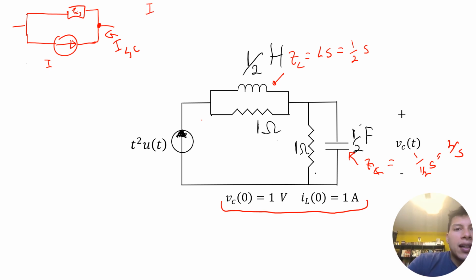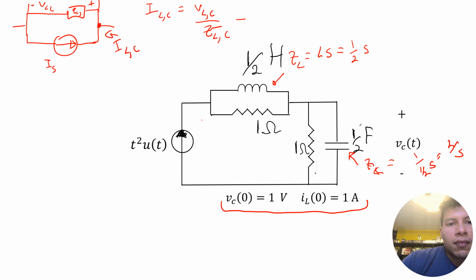So you have I sub L comma C has to be equal to, let's say this is the voltage here, V sub L comma C, so this is plus minus V divided by the impedance, whether it's an impedance of a capacitor or an inductor, minus I_S for the inductor and capacitor.